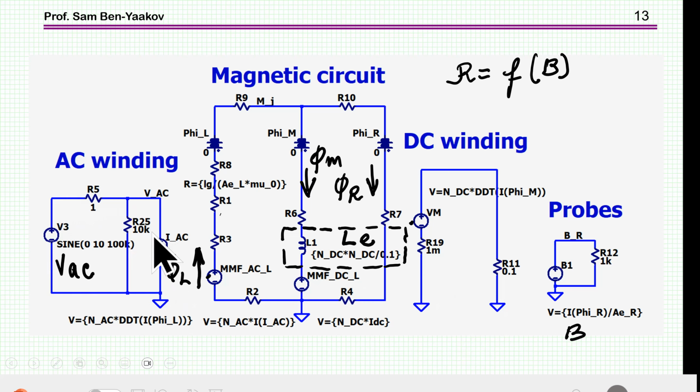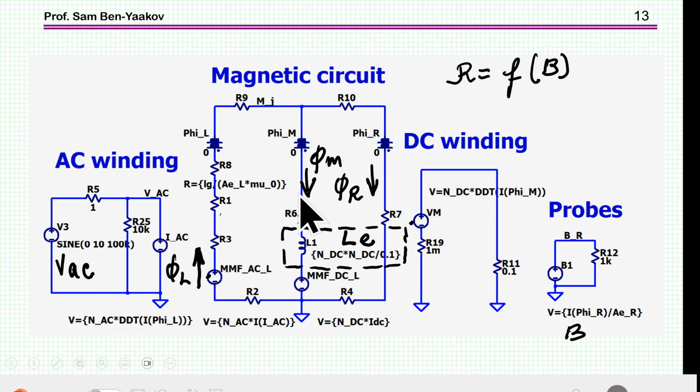There is a current here. This current is causing the MMF, which generates the flux. Now the flux is flowing this way, and now it has two ways to go, to the bypass or to this mid-leg. Now this impedance, especially at high frequency, is very high because the inductance is large and the times omega.